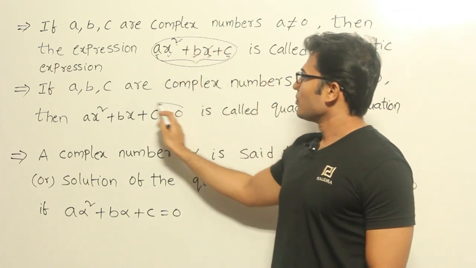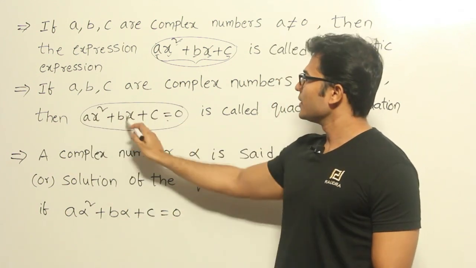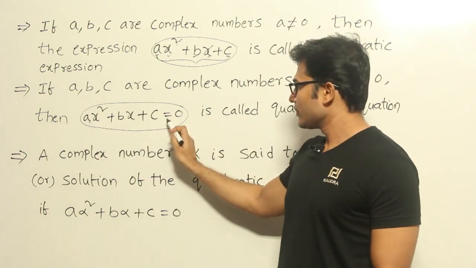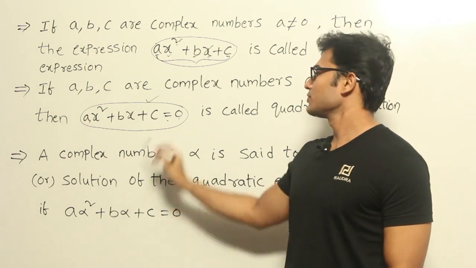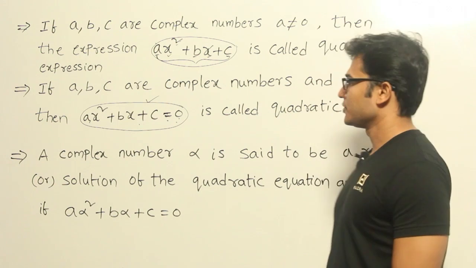And if you see this form, ax square plus bx plus c equal to 0 under the same conditions, where a, b and c are complex numbers and a is not equal to 0, if I equate it to 0, then this is called an equation, right? Because we have the left hand side and right hand side, that's why it is called an equation.